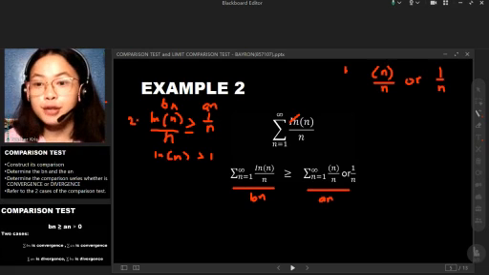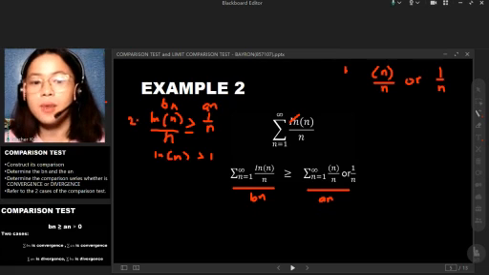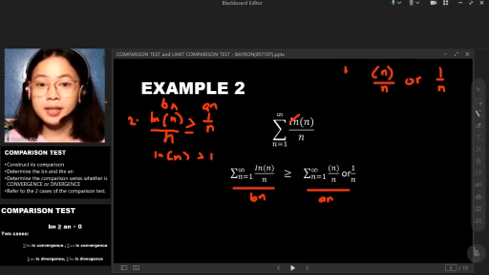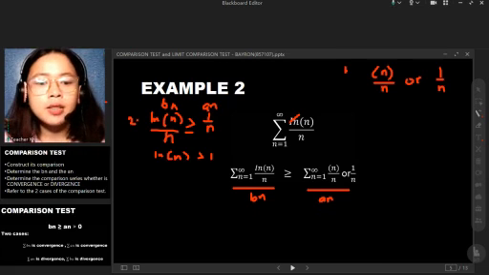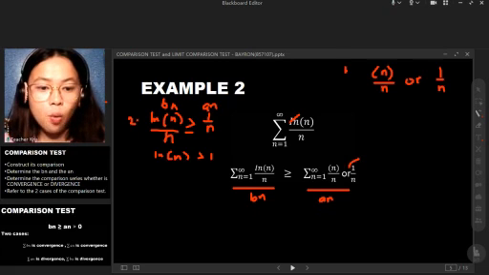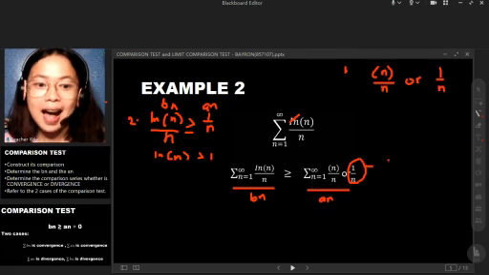Now, the third one is that we're going to evaluate its comparison series, whether it is convergence or divergence. So we have here, take note that this 1 over n is a p series.